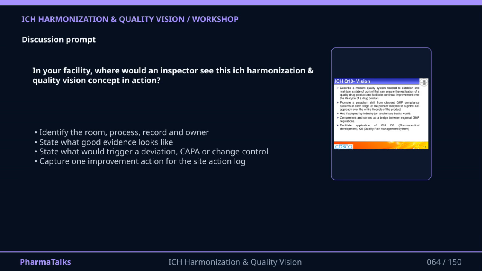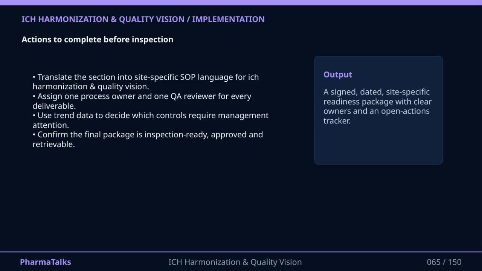Before an inspection, there are several critical actions we need to complete to ensure ICH harmonization and uphold our quality vision. First, it's essential to translate the relevant sections into site-specific standard operating procedure language. This step helps tailor the global guidelines to our local context, making them clear and actionable.